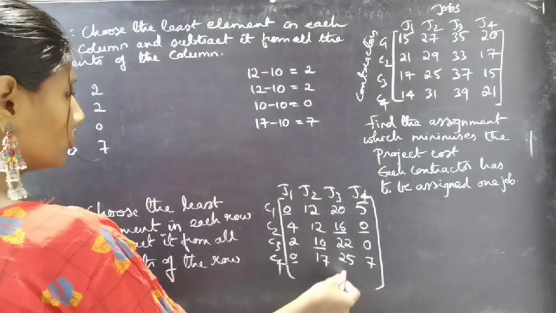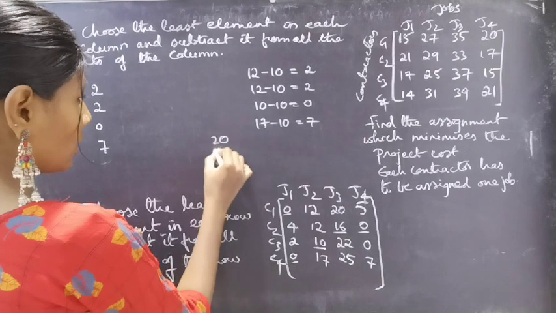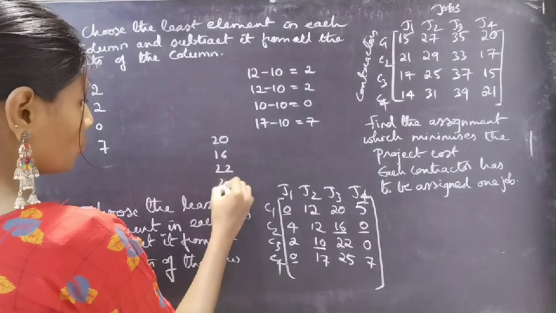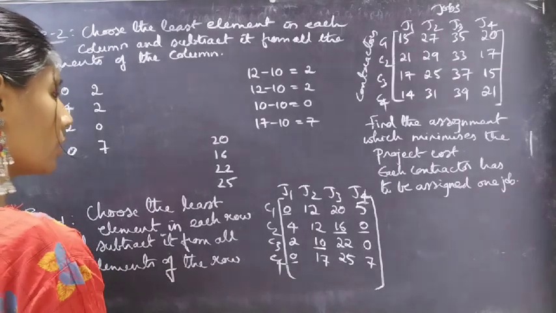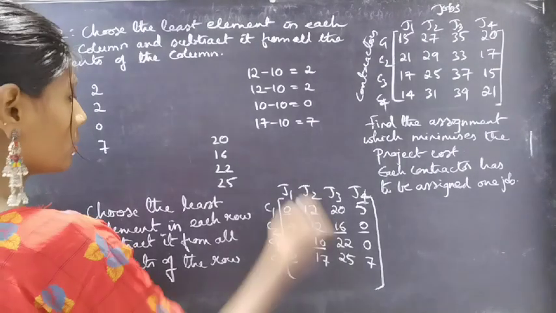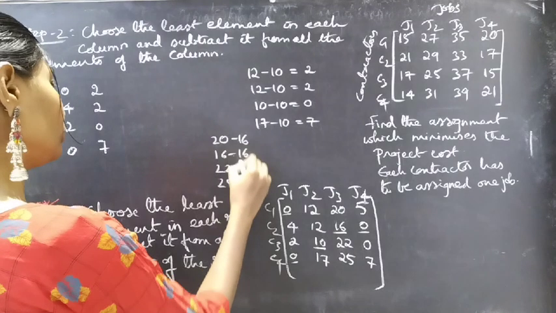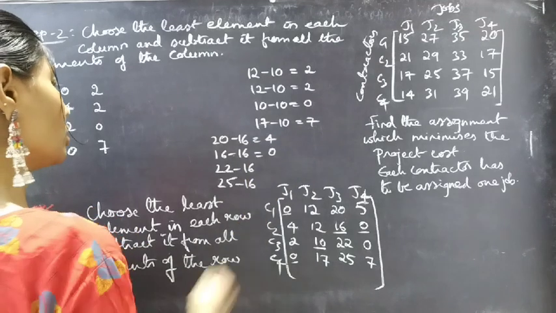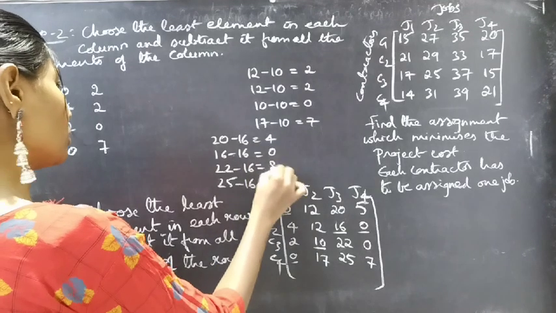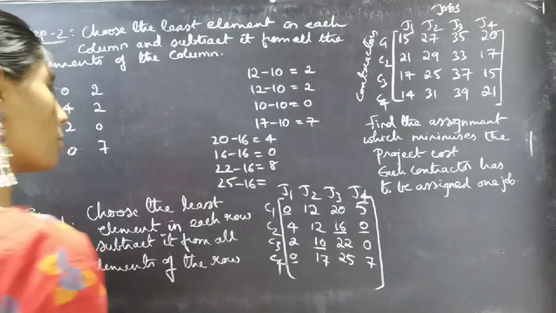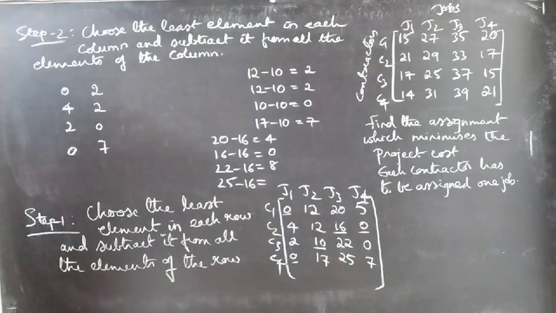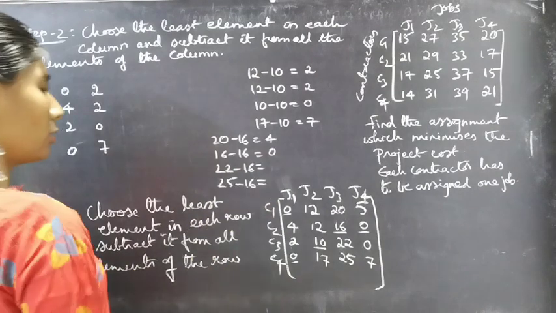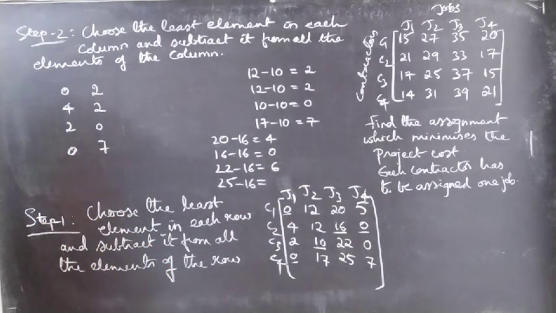Now consider the third column. We have 20, 16, 22, 25. Here 16 is the least element, so we need to subtract 16 from all these entries. So 20 minus 16 is 4, 16 minus 16 is 0, 22 minus 16 is 6, 25 minus 16 is 9.